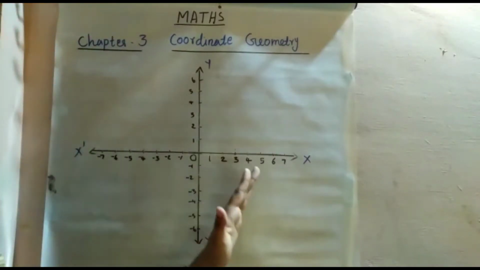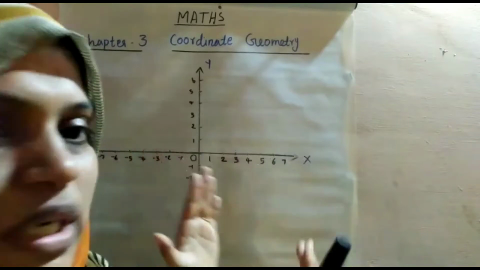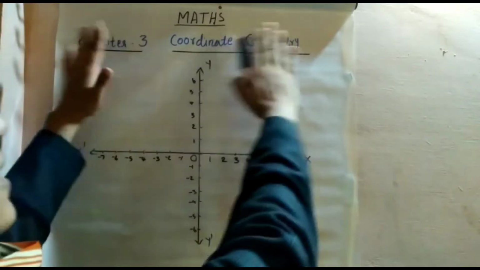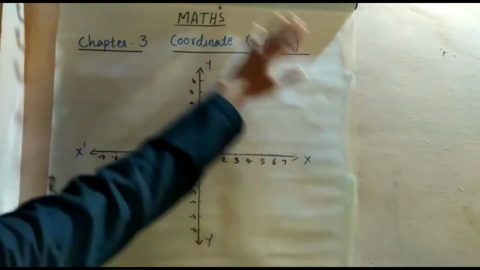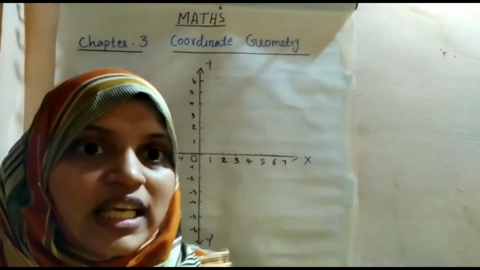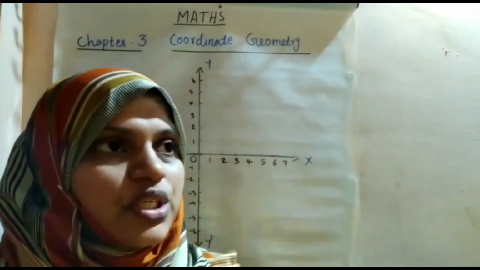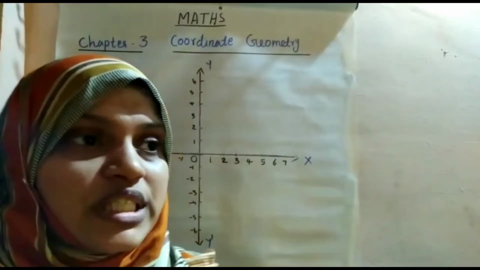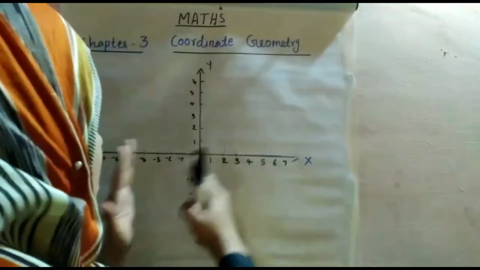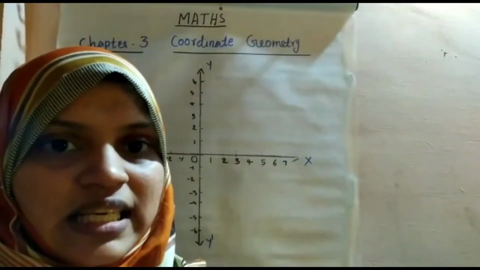Horizontal and vertical number lines, we took them perpendicular to each other. See, this is a plane. This is a whiteboard. Whiteboard is a plane. Suppose we need to locate the position of an object or the position of a point in a plane, we need two perpendicular lines.